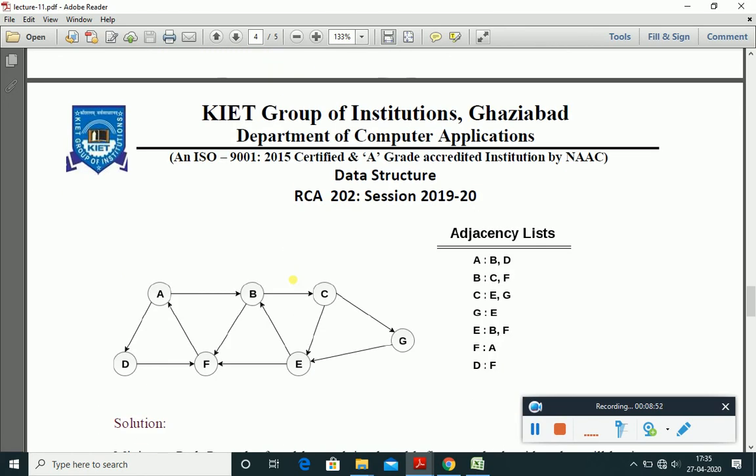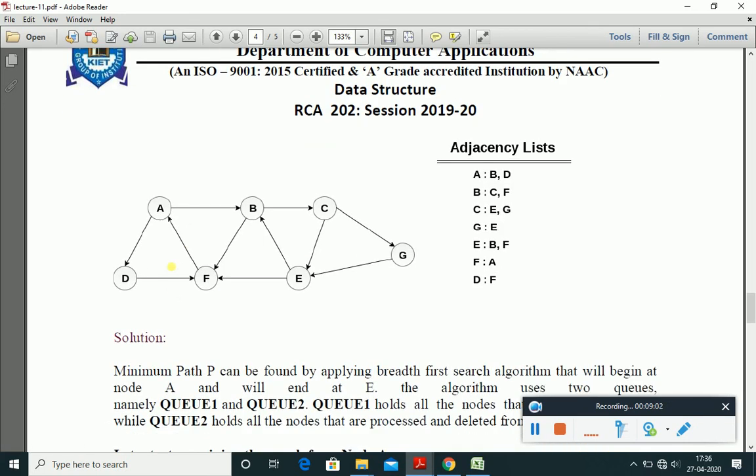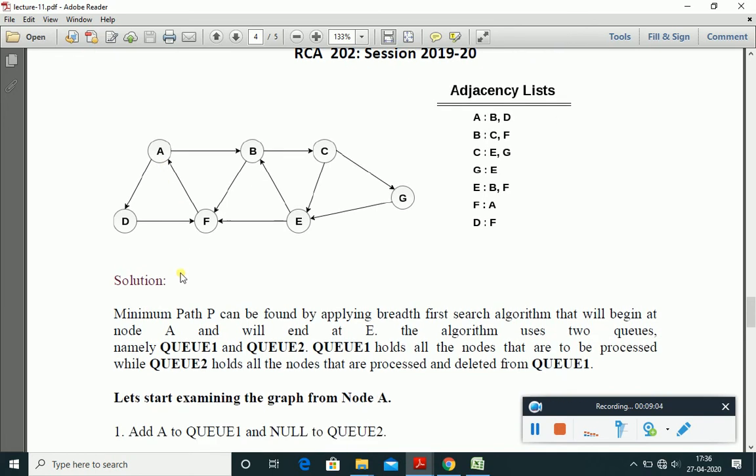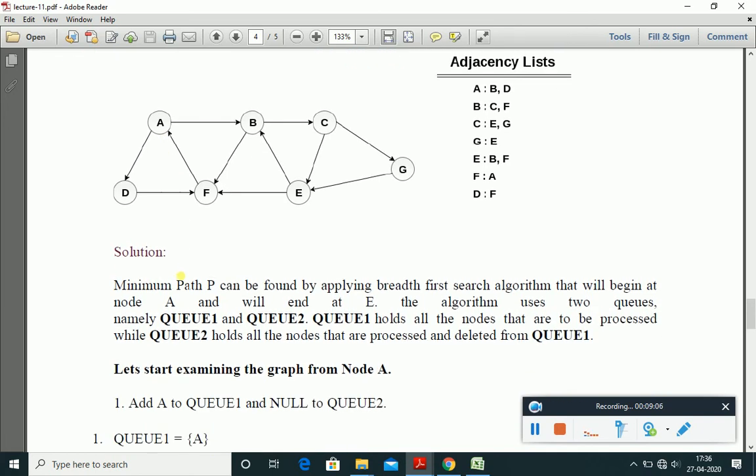So I have taken an example here for the BFS. Take this graph. We can start from any source vertex, so let us start from A. We are pushing A into the queue and making its status 2.